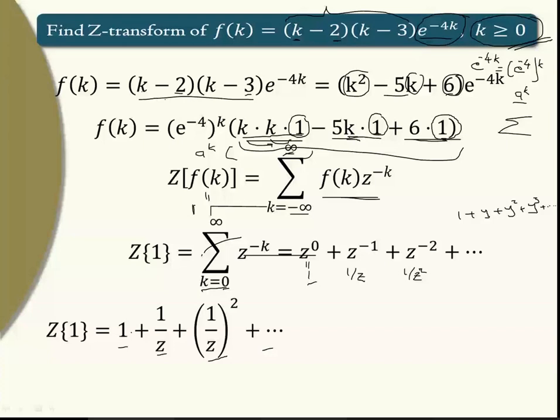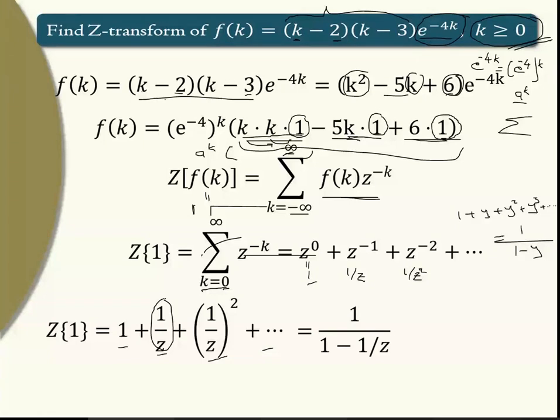Now, we know the formula for 1 plus y plus y square plus y cube and so on, and the formula for that is 1 upon 1 minus y. Now here y is 1 by z, so all these terms become 1 upon 1 minus 1 by z.